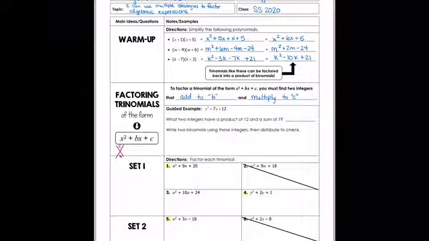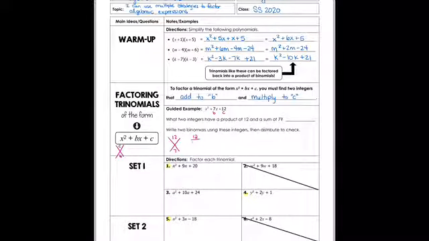So for our guided example here, we have x squared plus 7x plus 12. So 7x is b and 12 is c. We want to multiply to 12, but add to 7. So we need to look at the possible factors of 12.